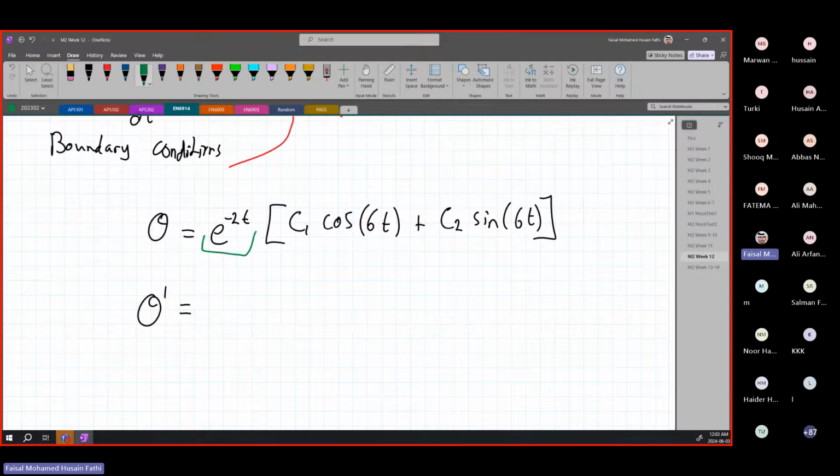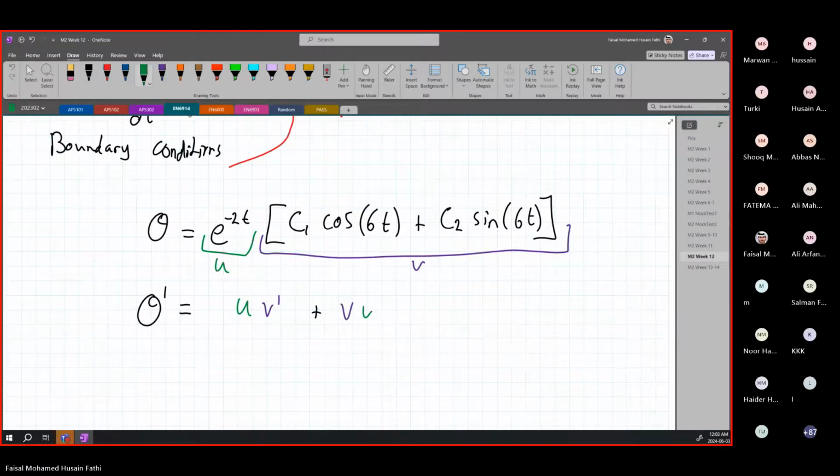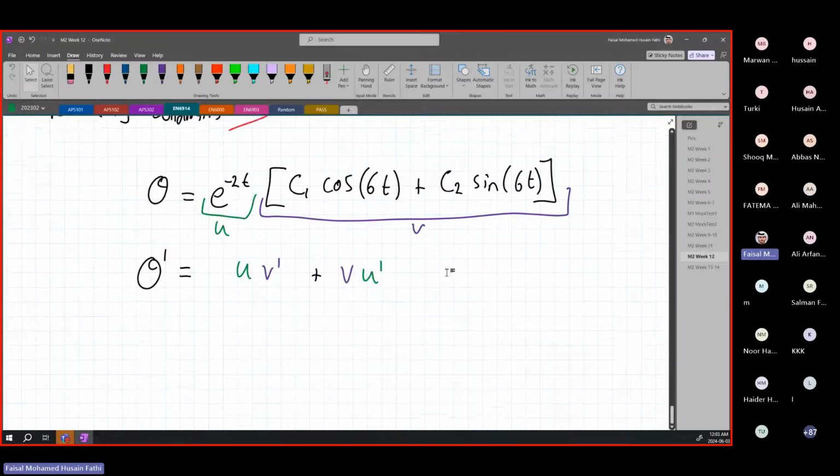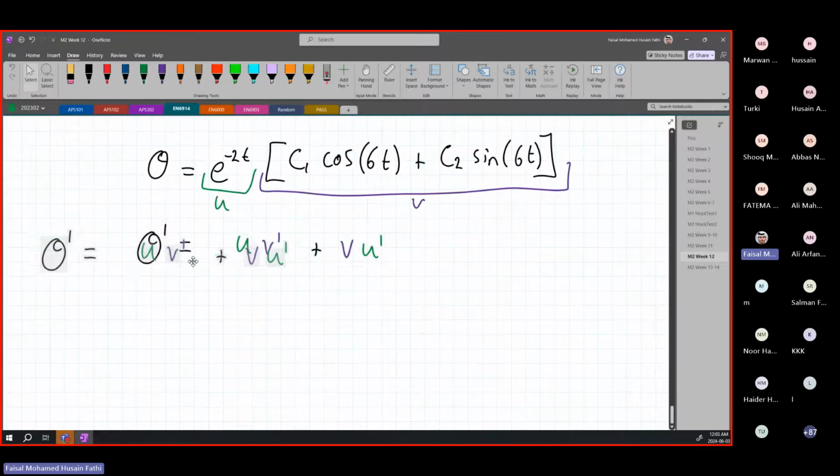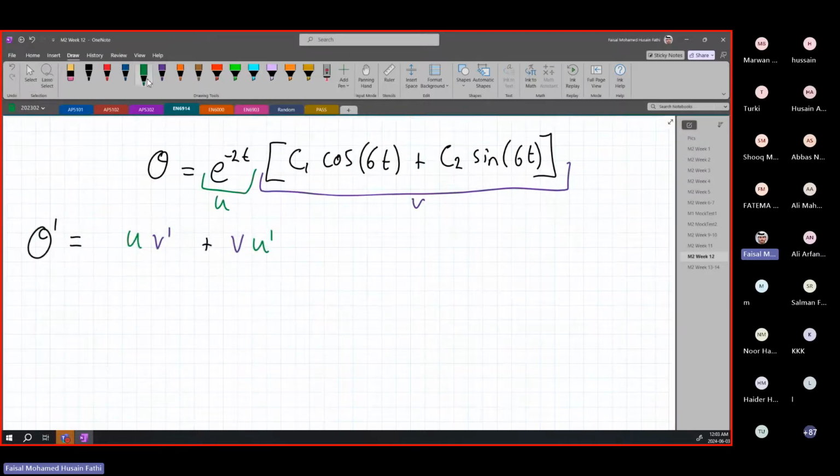We're going to call this U, and we're going to call everything here in this bracket V. So to find theta prime, we need to do U times V prime plus V times U prime. Okay, basic differentiation. So before we do that, we need to find our U prime and our V prime.